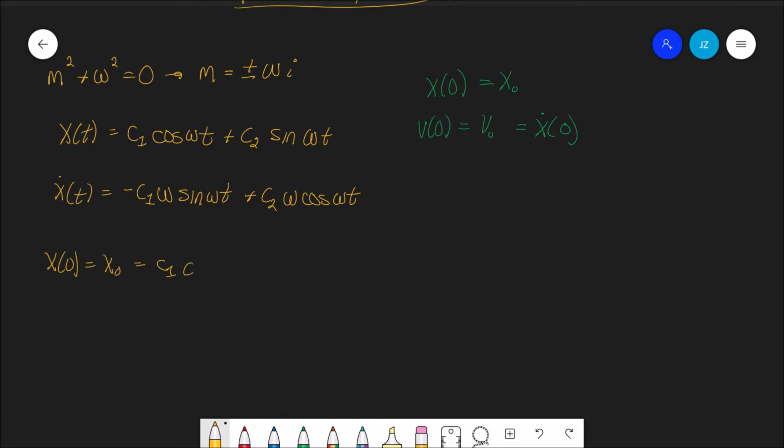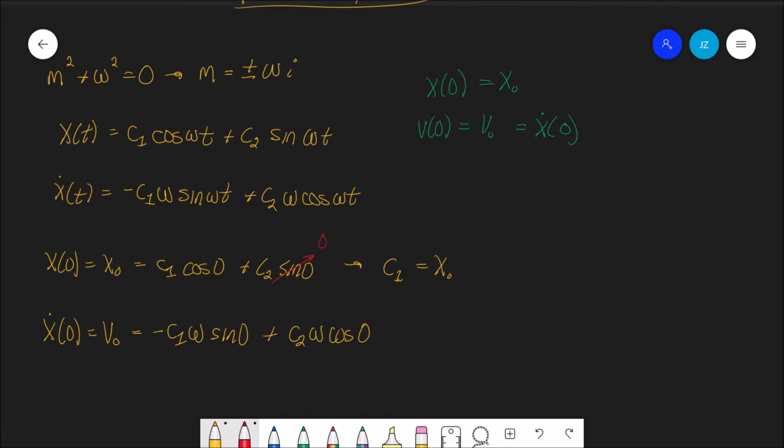So using the initial conditions, x of 0 has to be x naught. We get c1 cosine of 0 plus c2 sine of 0. Of course, sine of 0 is 0. So from this, we find that c1 is simply x naught. x dot of 0 has to be v naught. So negative c1 omega sine of 0 plus c2 omega cosine of 0. And again, sine of 0 is 0.